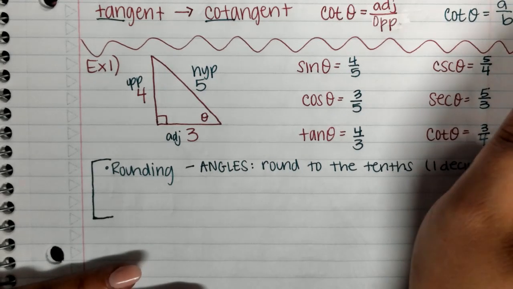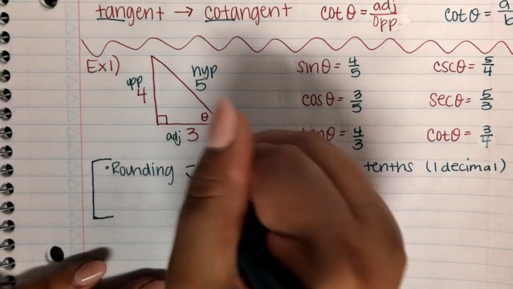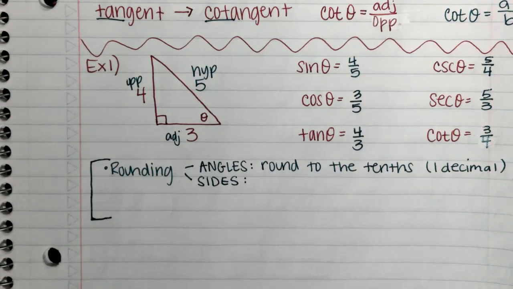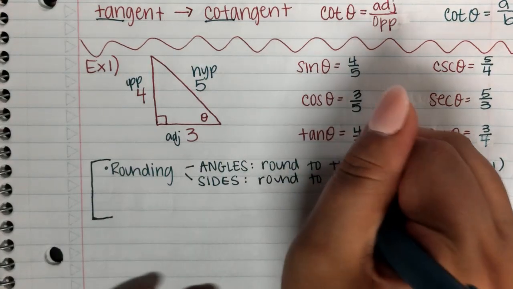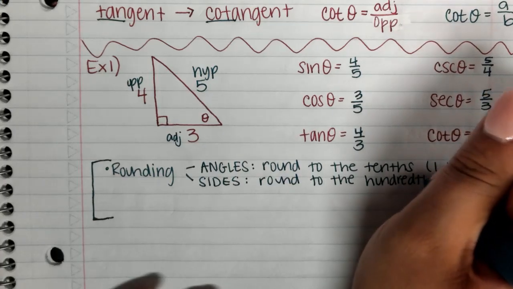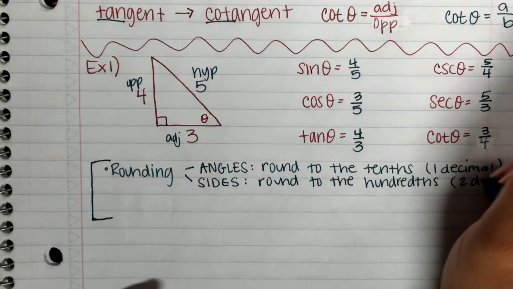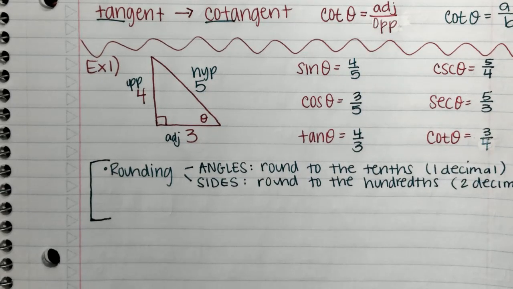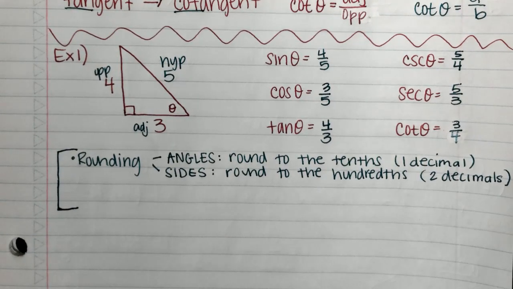Write that down if you forget that. If we are trying to find a side, we are going to round to the hundredths, which is 2 decimals. Okay?